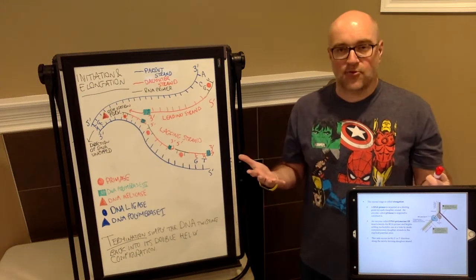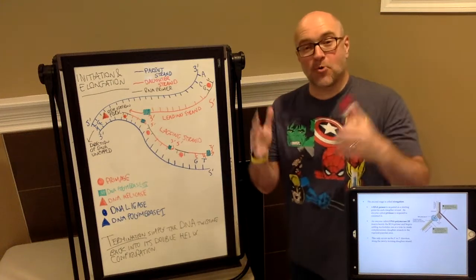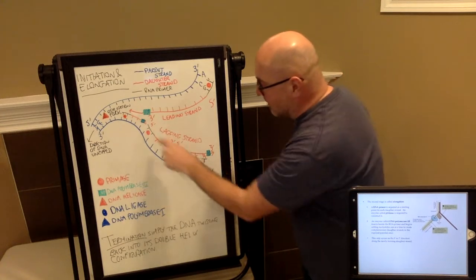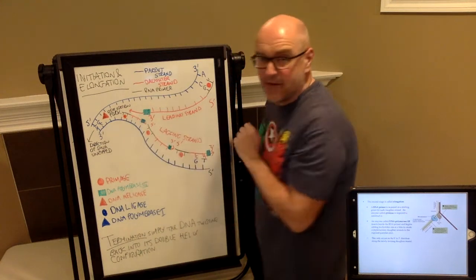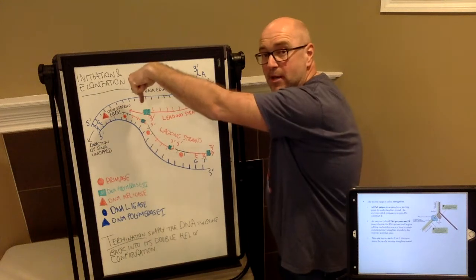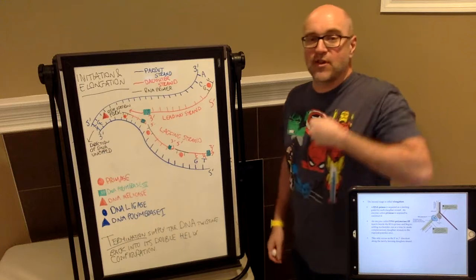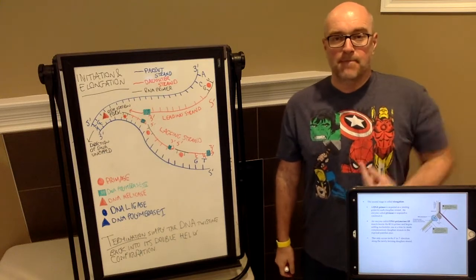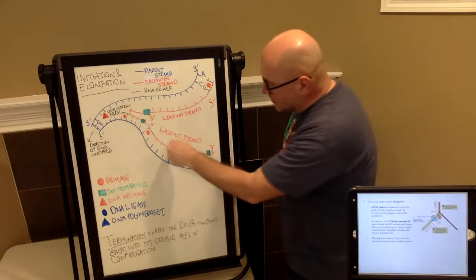The scumbag strand, or the dirtbag strand, the one that is much more problematic, is the other strand. The other strand that's on the parent strand that's in a 5 to 3 configuration is going to be 3 to 5, which means that it's going to build away from the replication fork. So as the zipper goes down further, it's going this way, but the zipper's going that way. So we have to build a little section.